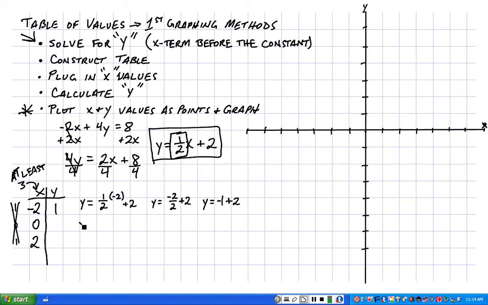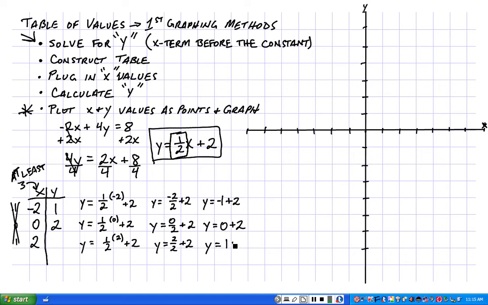Then I plug in my 0, so y equals 1/2 x, x is 0, plus 2, y equals 0 over 2 plus 2, y equals 0 plus 2. 0 plus 2 is just 2. Then I write y equals 1/2 x, and x is 2, plus 2. And 2 times 1 is 2, so 2 over 2 plus 2, and 2 over 2 is just 1, so 1 plus 2, which is 3.